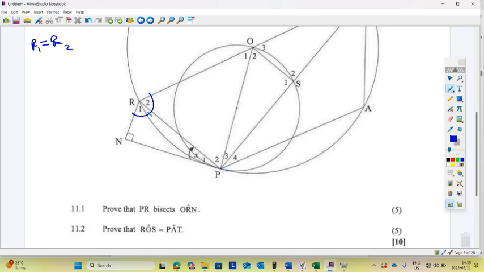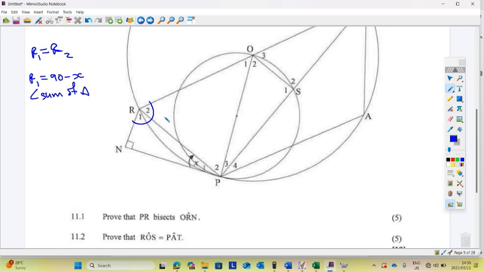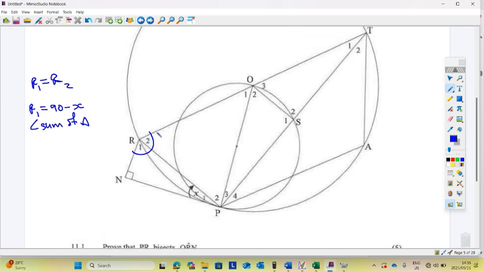Now, let's see if we can determine the sizes of these angles. R1 here, this is a right angled triangle. With this one, it's X, and this one is 90 degrees. So R1 is 180 minus 90 minus X, and that gives us 90 minus X. That is the size for that one. Reason, angle sum of a triangle, that is R1. Now we need to determine the size of R2 here.